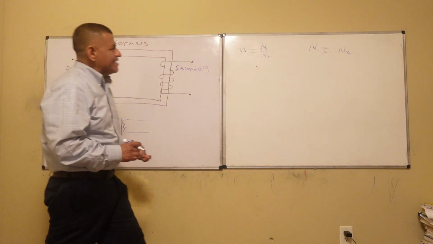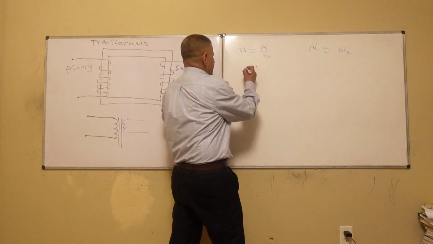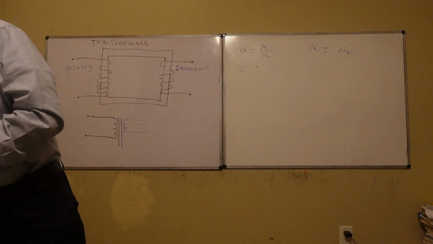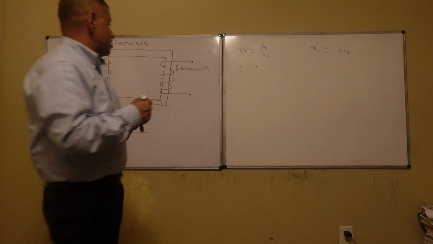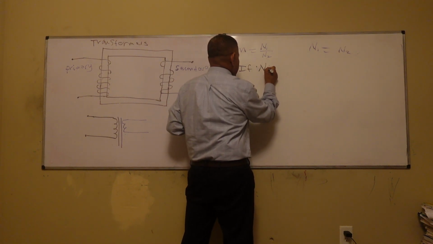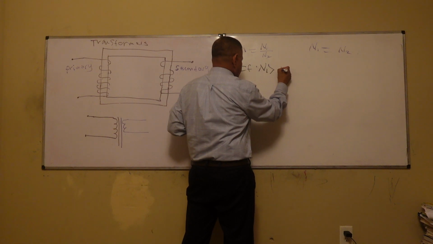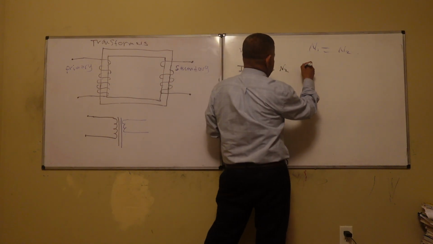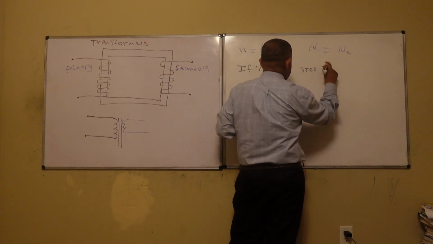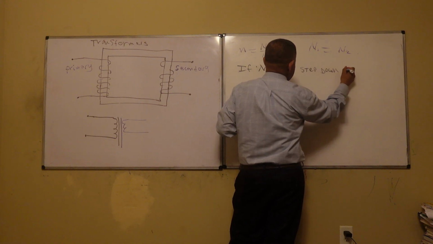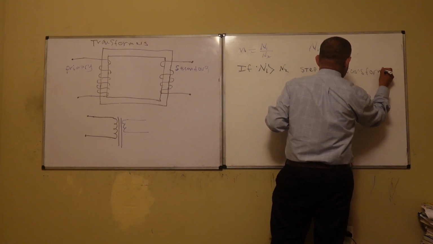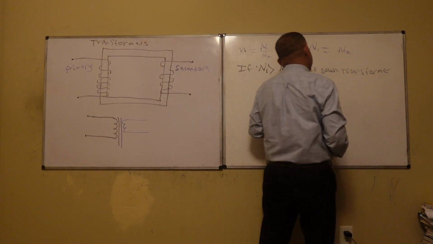Okay, so this marker's not really cooperating with me, but if N1 is greater than N2, then you have a step-down transformer, right?